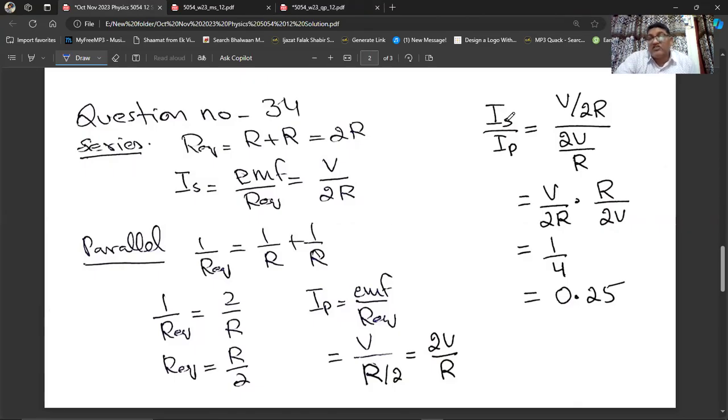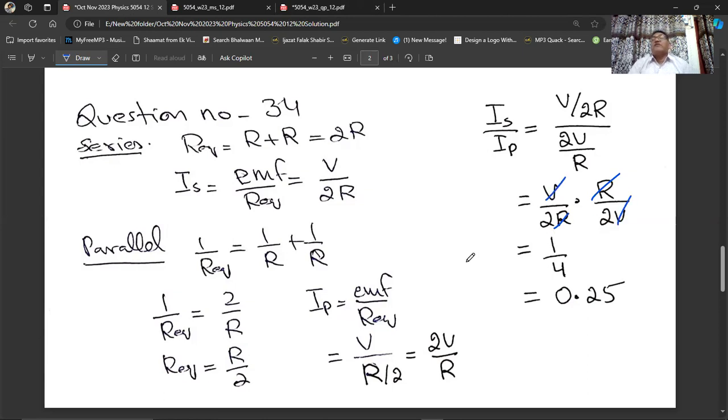Now, if I take the ratio of the current in the series circuit and the current in the parallel circuit, it will be V by 2R divided by 2V by R. When you bring this fraction upstairs, it will flip. So V divided by 2R into R divided by 2V, the R and the R will be cancelled and the V and the V will be cancelled.